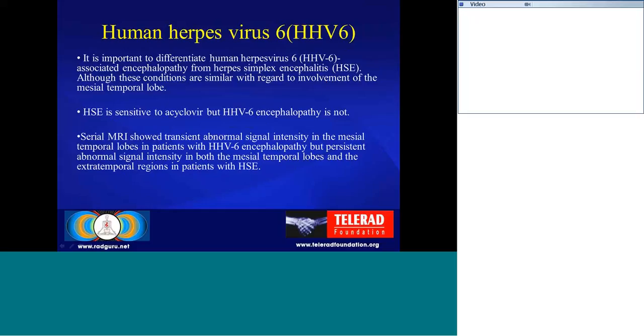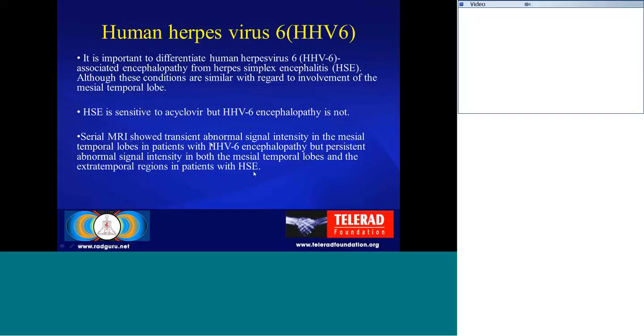Herpes simplex virus is sensitive to acyclovir, but herpes virus 6 encephalopathy is resistant to acyclovir administration. So how to differentiate is that there's a transient abnormal signal intensity in the mesial temporal lobes in patients with herpes virus 6 encephalopathy, but persistent abnormal signal in both mesial temporal lobes and extratemporal regions in patients with herpes simplex encephalitis.